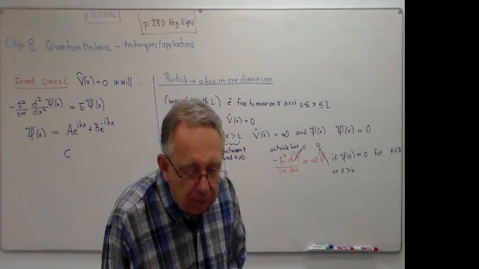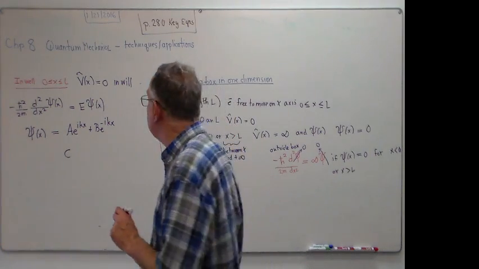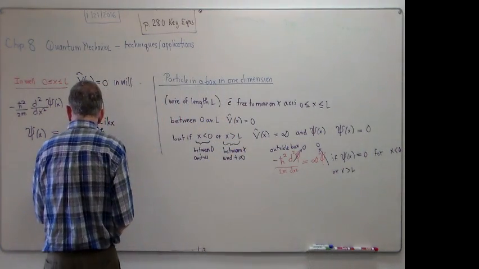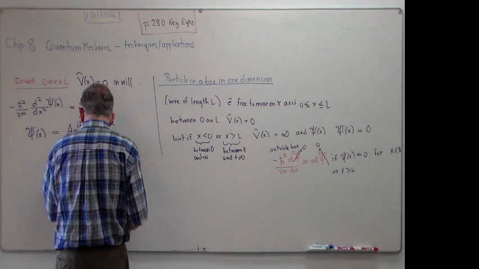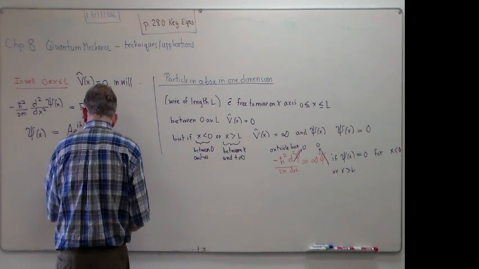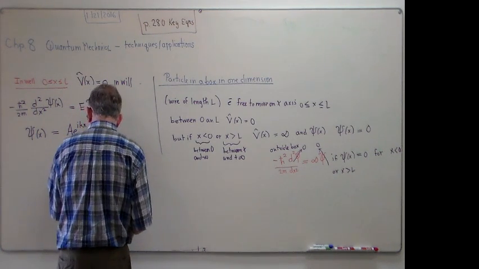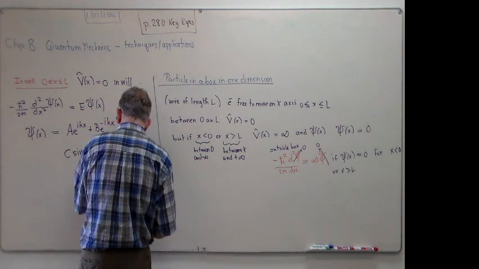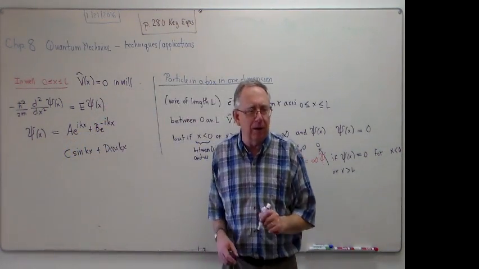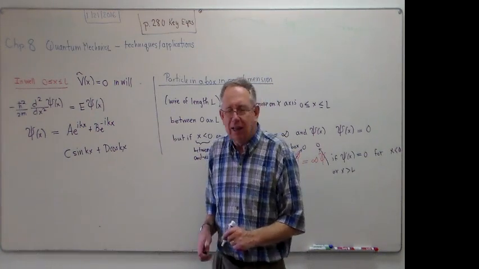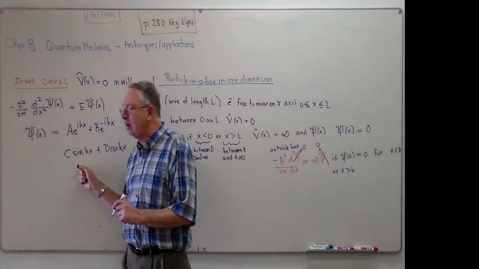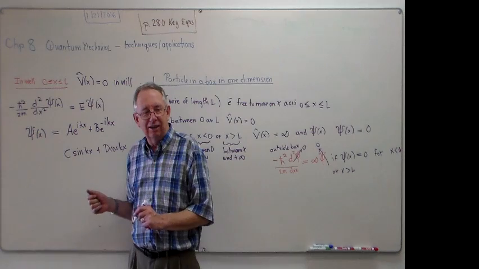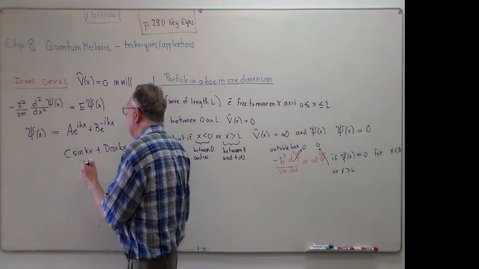I just want to harmonize my notation with theirs. I think I was backwards. They have C sine kx plus D cosine kx. I think I associated C with the cosine and D with the sine in the notes, but it doesn't matter.